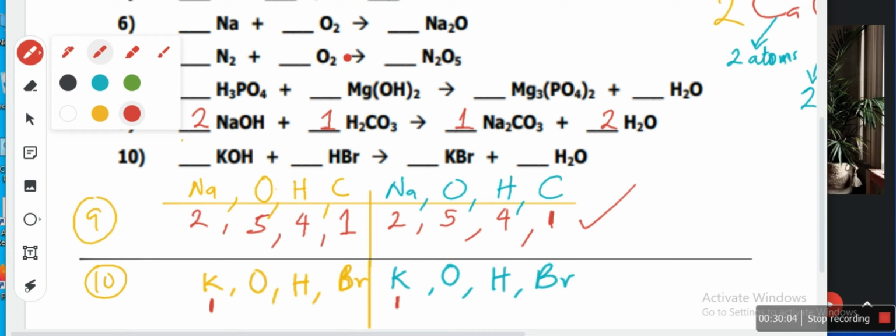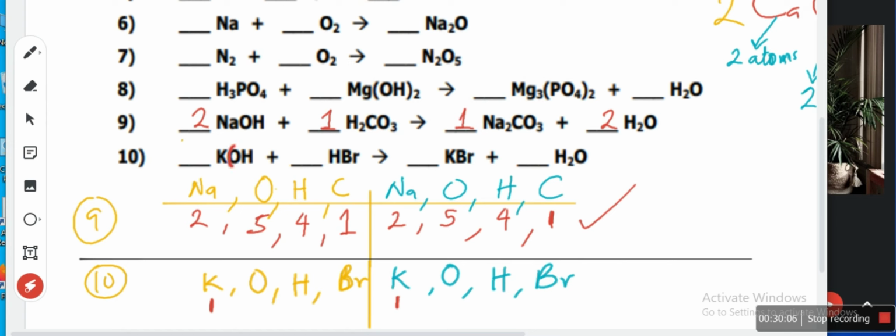We come to oxygen. How many atoms of oxygen? We have one. So oxygen is one. We check the product side. How many atoms of oxygen? There's only one here. So it's also one. Then we come to hydrogen. How many atoms of hydrogen?